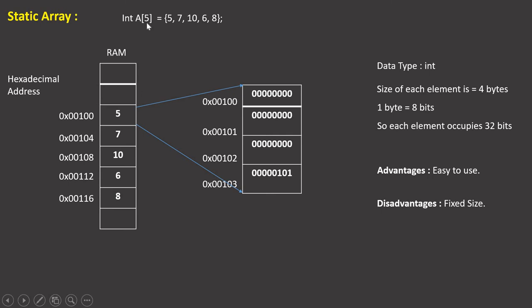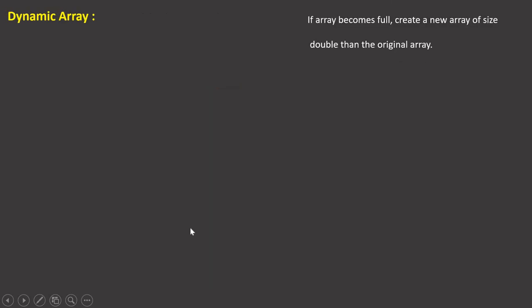But now you cannot change the size here. So what we can do is we can use the dynamic array. What is the dynamic array? Let's say the array is full, the size was initialized and you cannot extend the size now, so you can use the dynamic array.